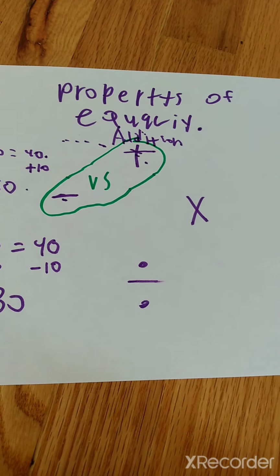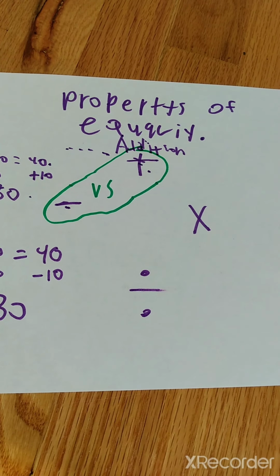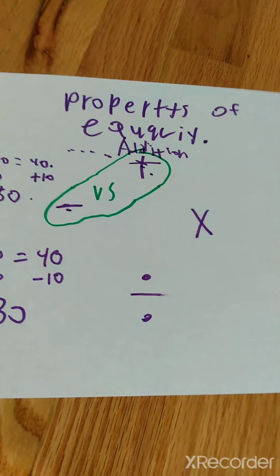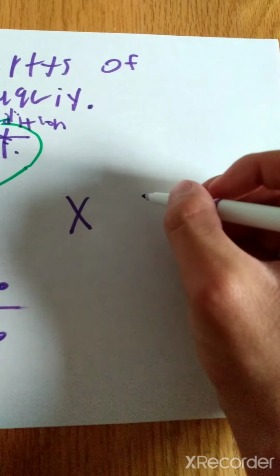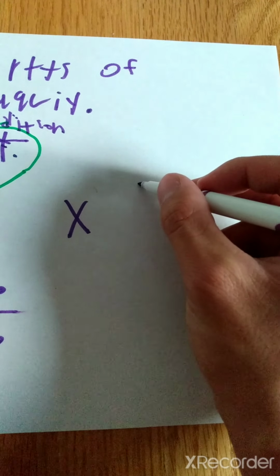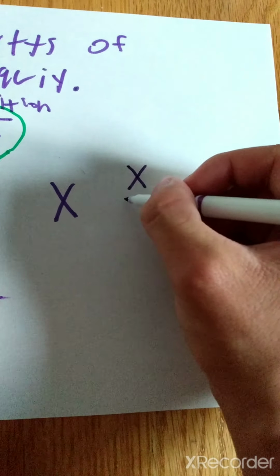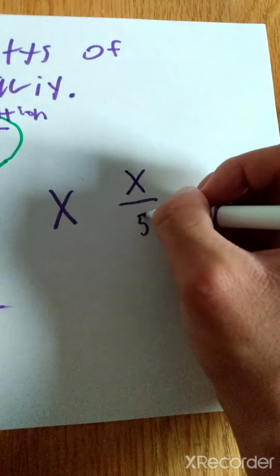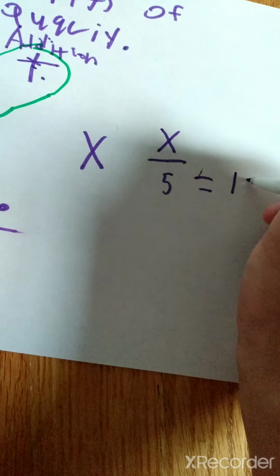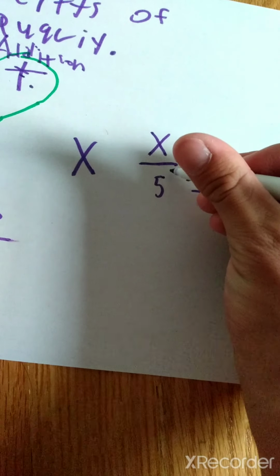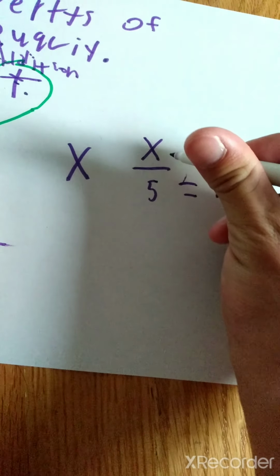But what about division and multiplication? What kind of rules do they have? So, with multiplication, what happens if we get an example of x divided by 5 equals 10? The thing is, since it's division, we have to get the x alone.